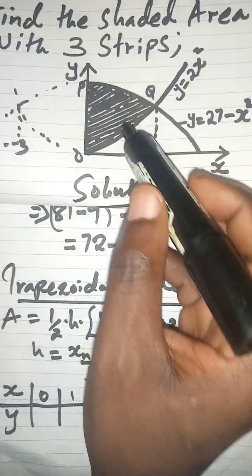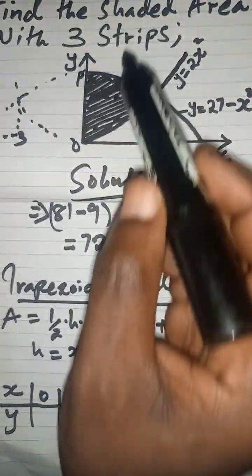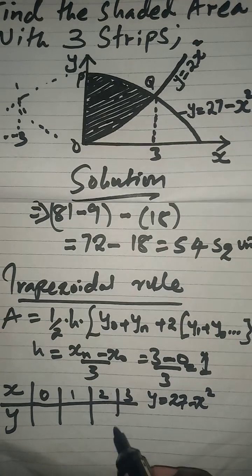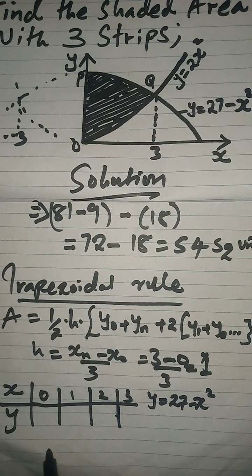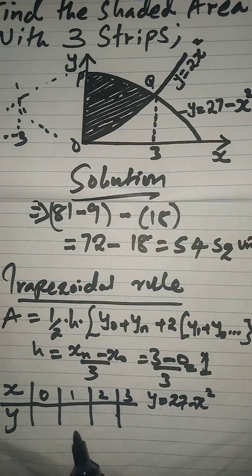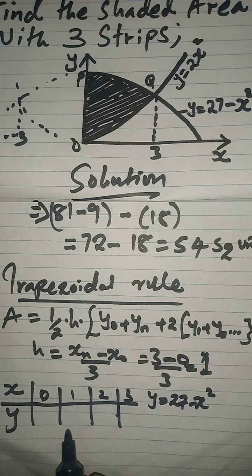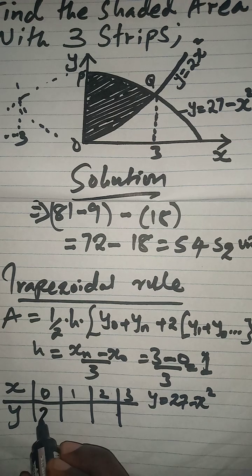Of course, that means I'm gonna divide this area into 3 trapeziums, like that. So when I substitute 0 in this equation, the output gonna be, of course, 27.